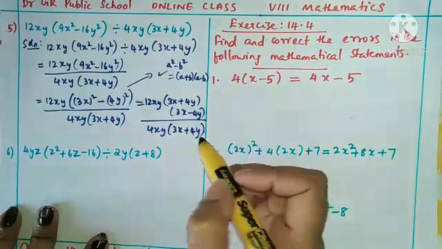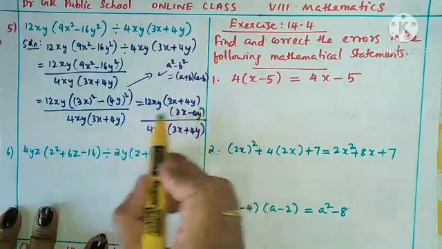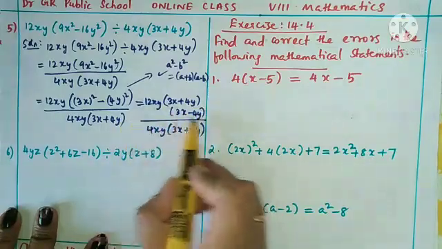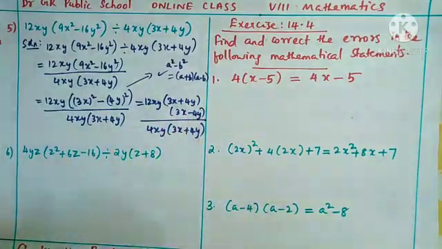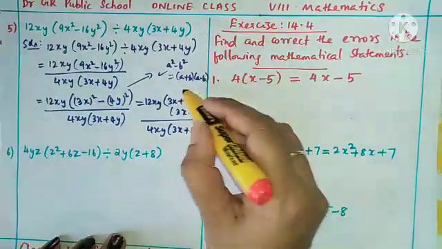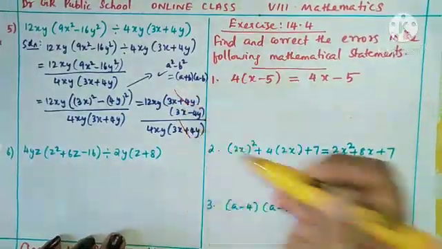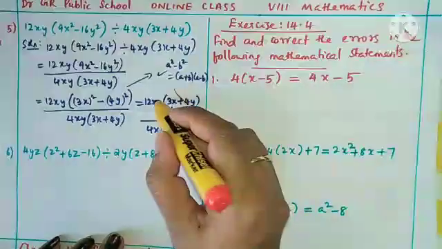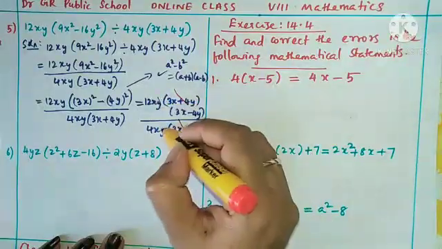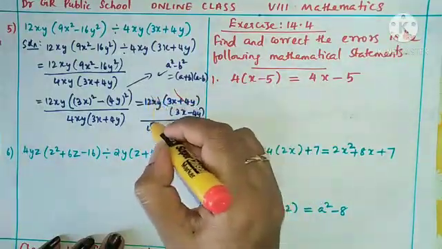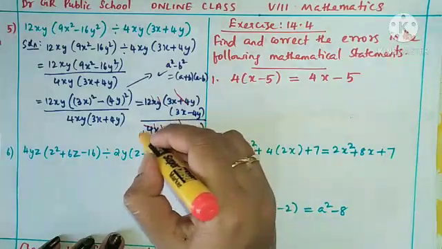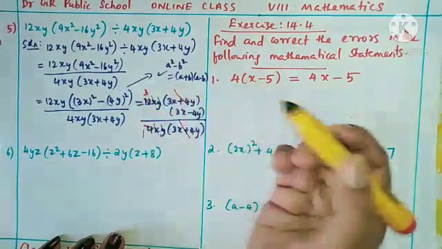Now we are going to do the cancellation here. We wrote all the things in the product of factors. So what are the terms going to cancel? This 3x plus 4y cancelled. Here one y cancel, x cancel. Then 1 4 is 4, 3 4s are 12.